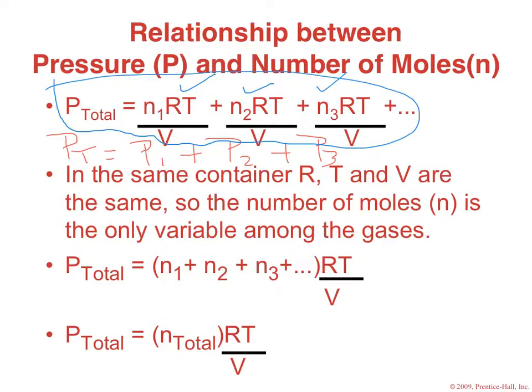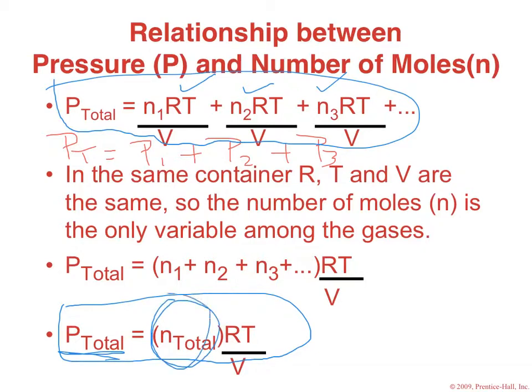And the reason I did that, if you follow me through, and you won't have to do this derivation, you can see that in order to get the total pressure of any mixture of gases, really all I need is the total number of moles of the gases in the mixture, because R, T, and V for the mixture is going to be the same. It's going to be a constant. It's not going to vary from gas to gas in the same mixture. So I really just wanted you to see that the total pressure and total moles present are directly proportional to each other.